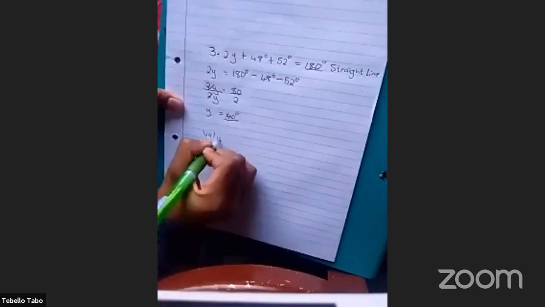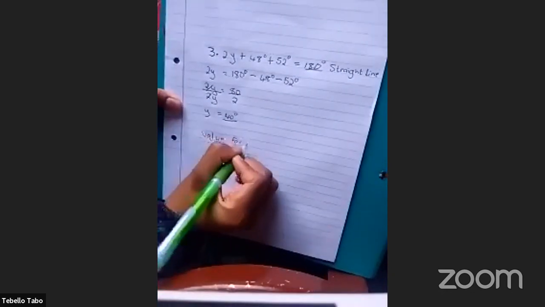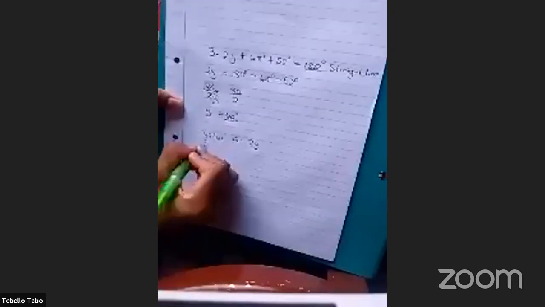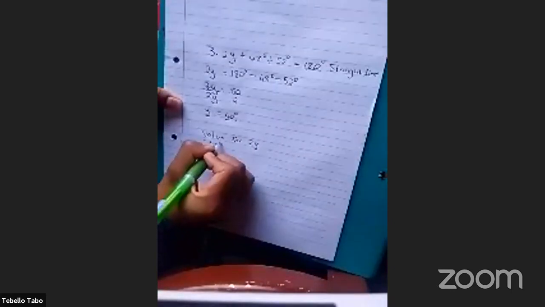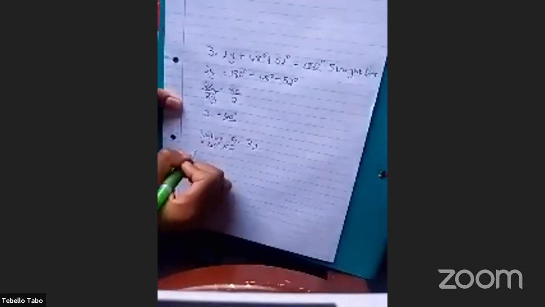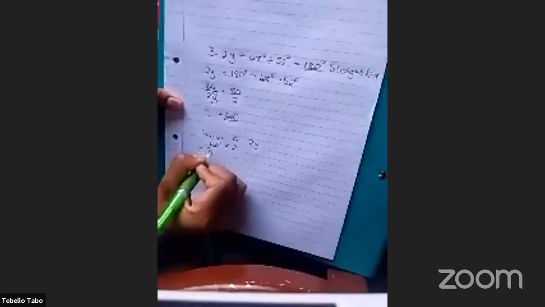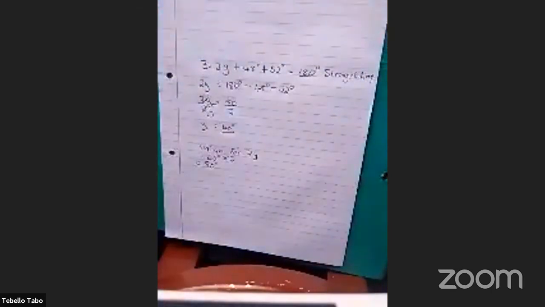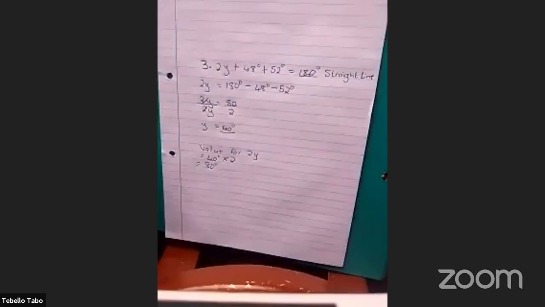We can write here value for 2y equals 40 degrees multiplied by 2. And we'll have our 80 degrees as our final answer.